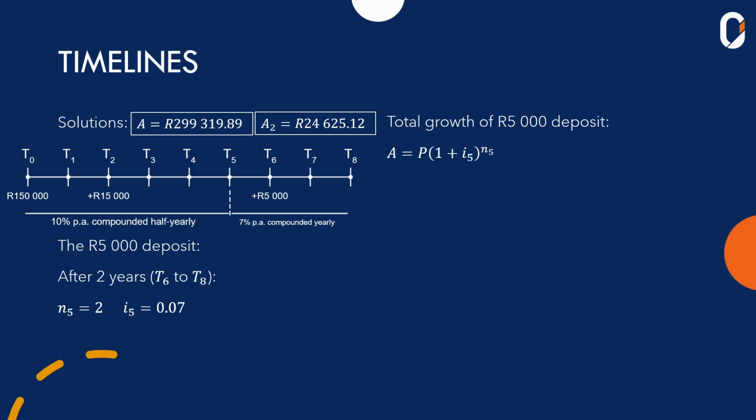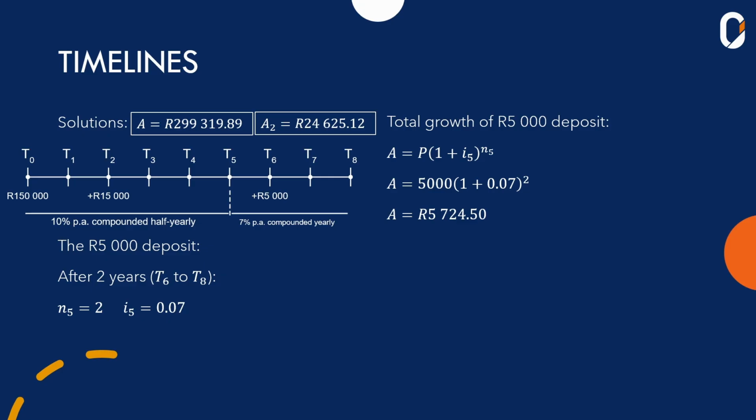And substituting in my values, I will have A is equals to 5,000 rands, 1 plus 0.07, all to the power 2, which is the number of years. And that will give us an accumulated amount of 5,754 rands 50 cents.